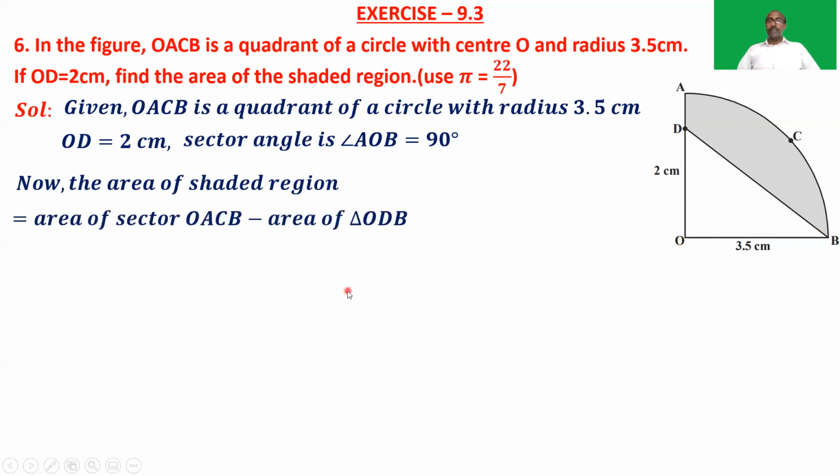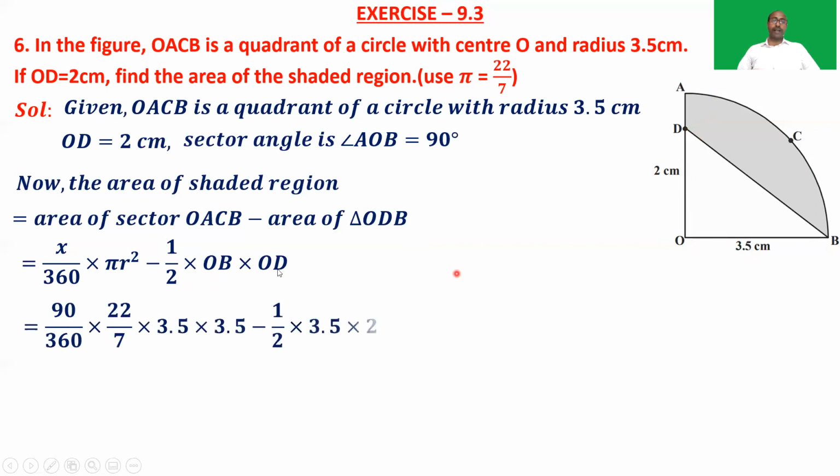The area of a sector is x by 360 into pi r square, and the area of a triangle is half into base into height. Here x is the sector angle, 90 degrees. R is the radius of the quadrant circle, that is 3.5 centimeters. Pi is equal to 22 by 7. OB is the radius of the circle, and OD is 2 centimeters. Now we substitute all these values.